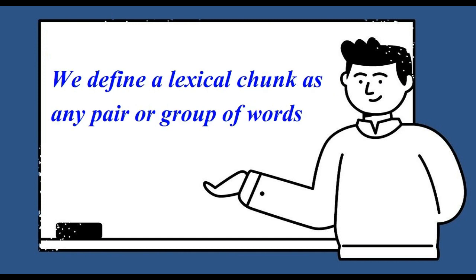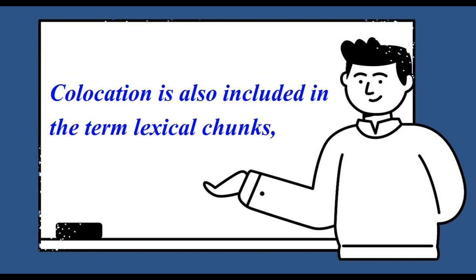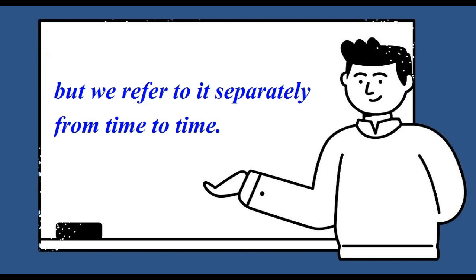We define a lexical chunk as any pair or group of words which are commonly found together or in close proximity. Collocation is also included in the term lexical chunk, but we refer to it separately from time to time.